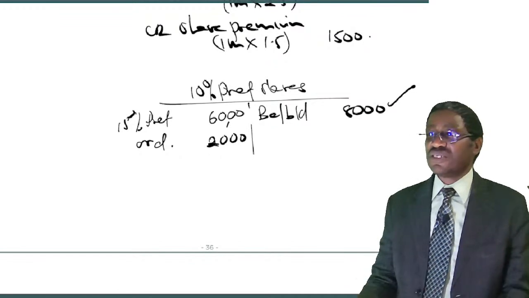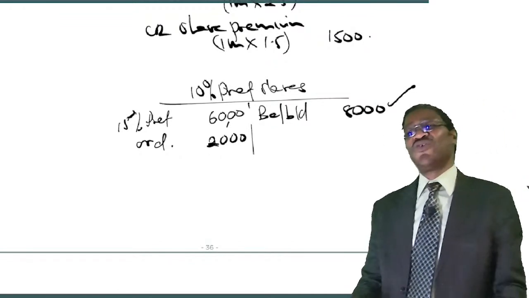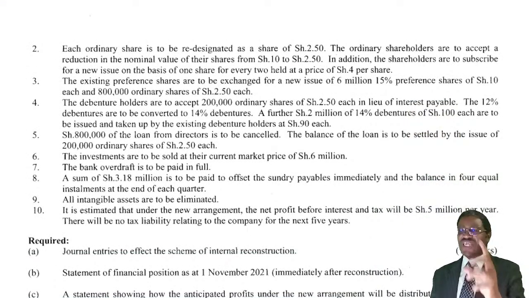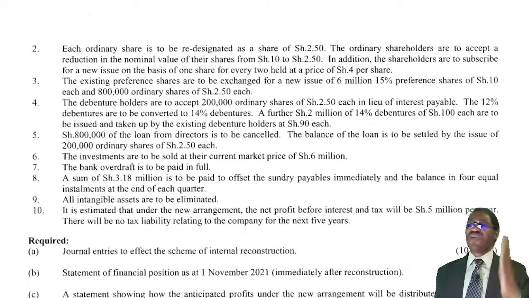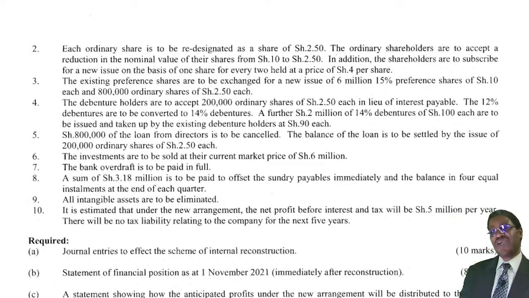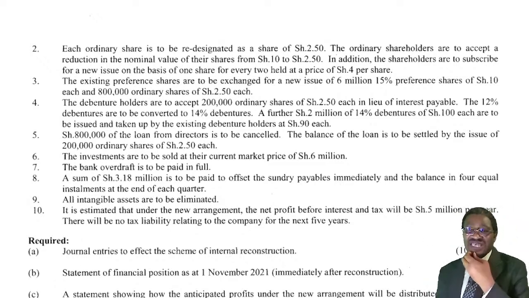I am getting where the examiner mistook. He should have said, I'm reading note 3, existing preference shareholders are to be exchanged with a new issue of shillings 6 million, 15% debentures of 10 each.